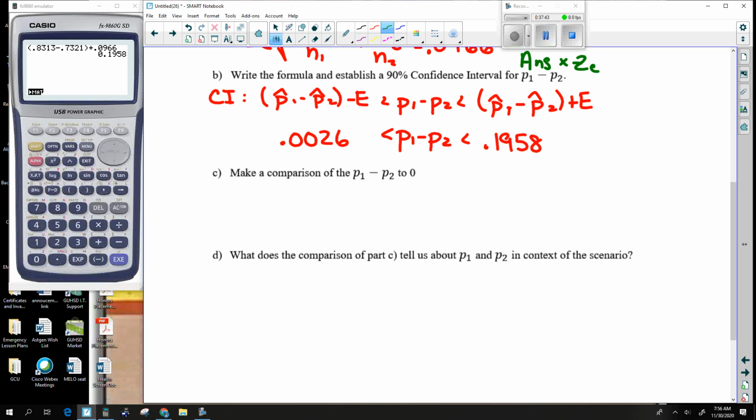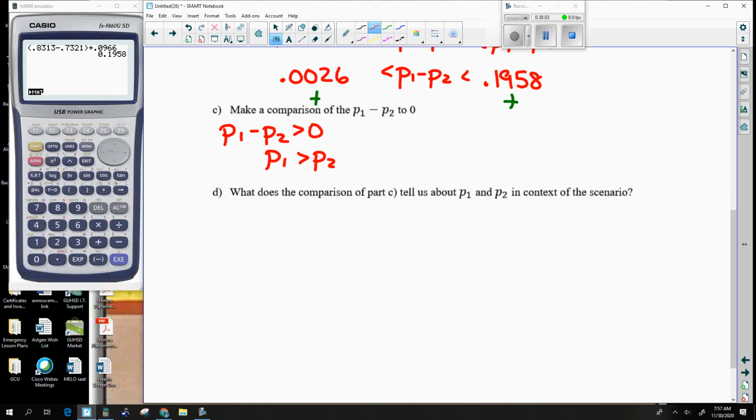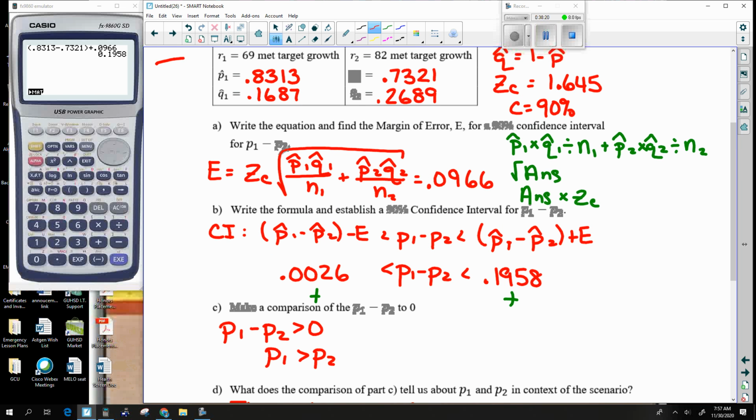Okay, what I notice about these is this is a positive and this is a positive. So that means that that middle p1 minus p2 is greater than 0, thus p1 is greater than p2. All right, so what does that say about comparison in context? So the probability of 1 is greater than the probability of 2. Okay, so I use the R as the descriptor. So meeting target growth.